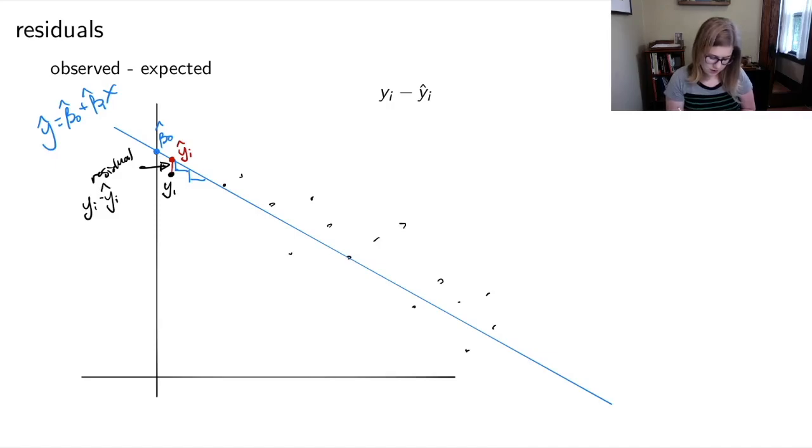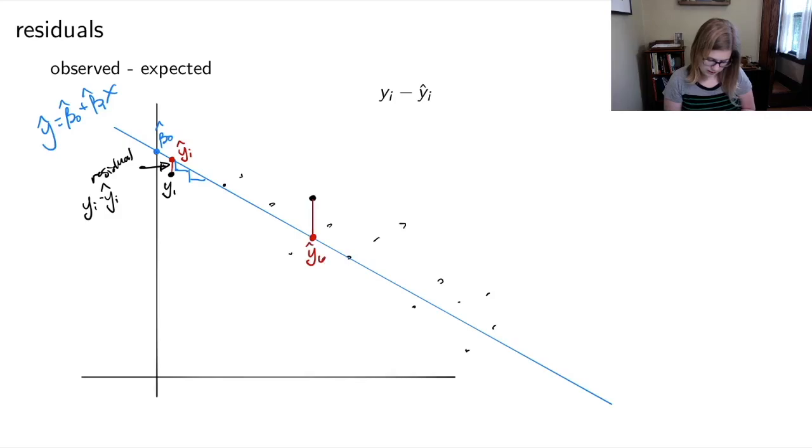And you can have residuals that are negative or positive because you're going to have points that are both above and below the line. So if we think about this point right out here, we could see what its predicted value would be. So we drop down onto the line. There is its predicted value. So that's the, I don't know, let's see, 1, 2, 3, 4, 5, maybe this is 6.